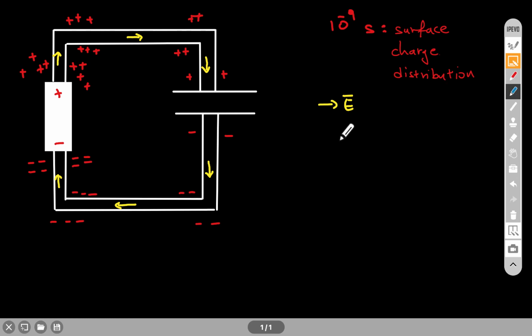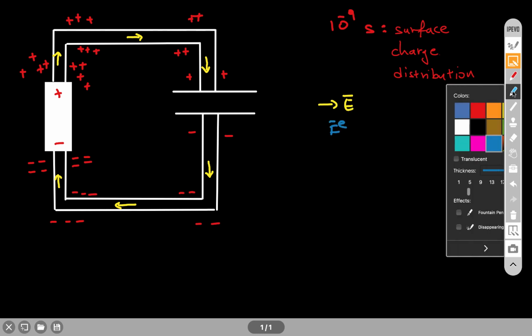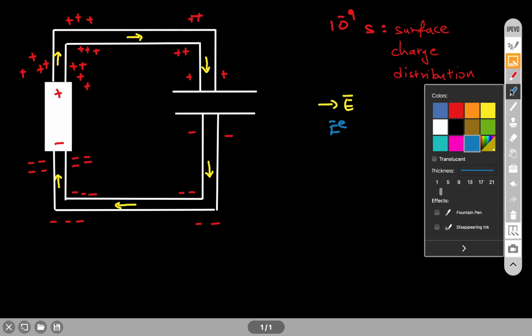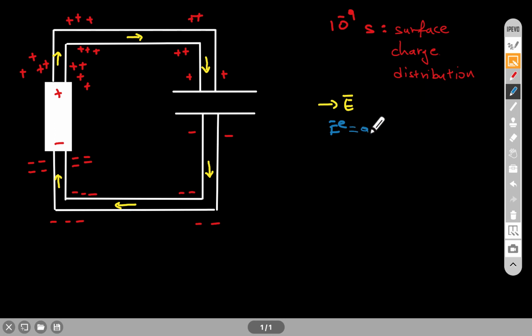Now these arrows represent the electric field, but we know that the electric force can be found by doing Q times E. Now I want to think about the electrons, since in most cases the electrons are the ones that are moving inside the wire. I want to think about how those will move.